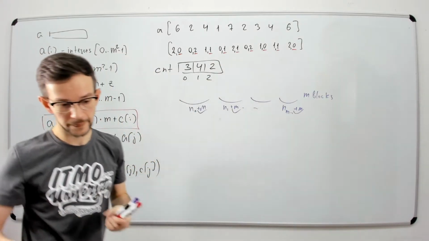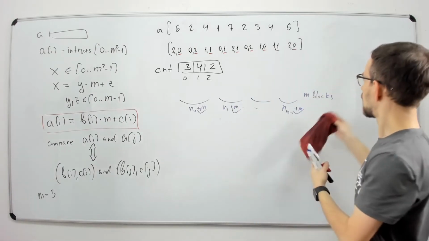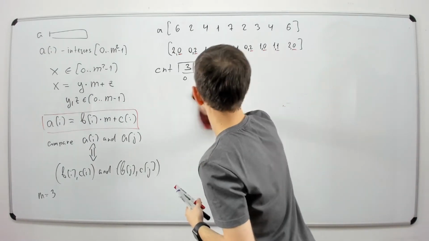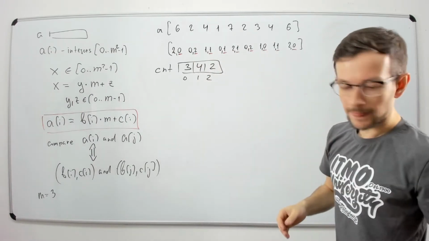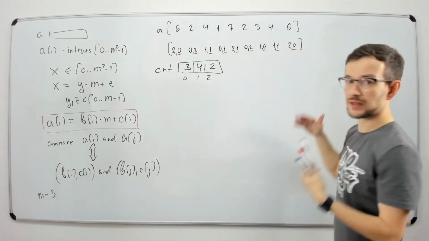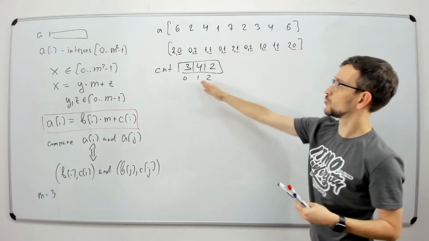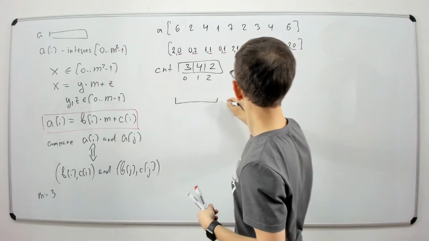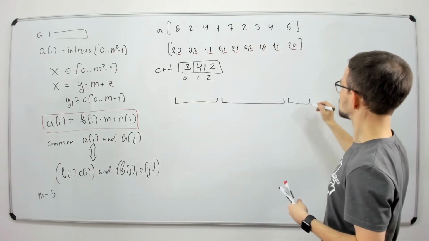Looks fine. And now again, what can we do? We create the same array, split it into 3 buckets. We have a bucket of size 3, a bucket of size 4, and a bucket of size 2.